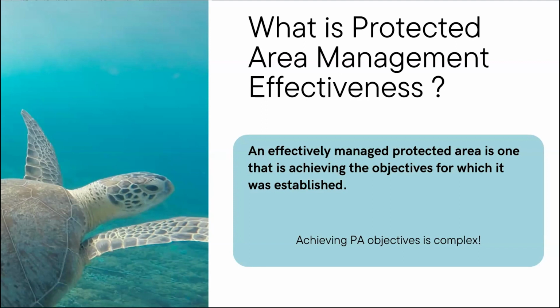We really have to put in a lot of activities and actions that can help us achieve those specific objectives. And those have to be really tailored to the local situation and involve a variety of approaches that contribute to those objectives. So achieving objectives can be complex.